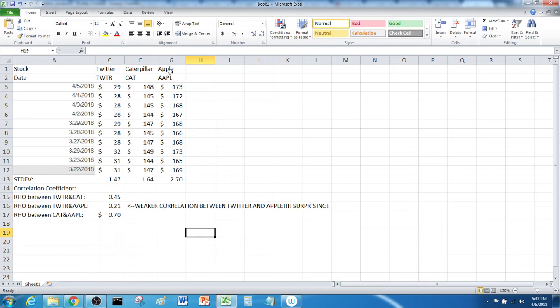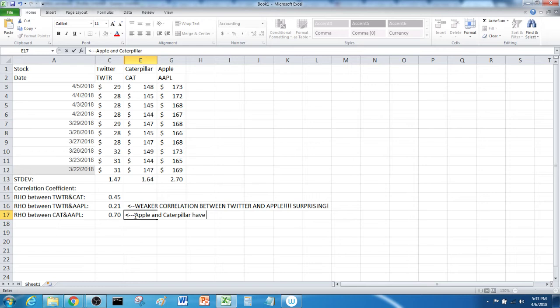So if somebody asks you, of these three stocks, which pair have the strongest correlation? You would say Apple and Caterpillar have the strongest correlation, because rho is 0.7, and that's the highest correlation coefficient for the portfolio.